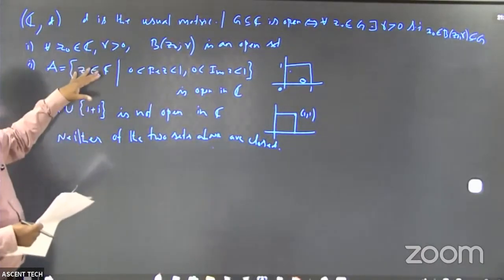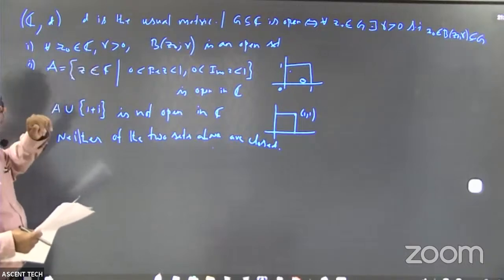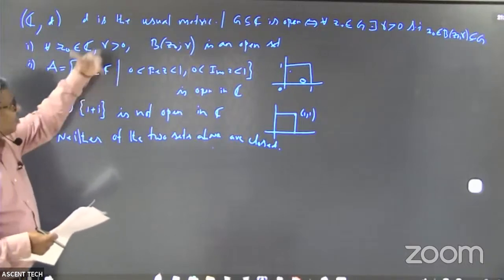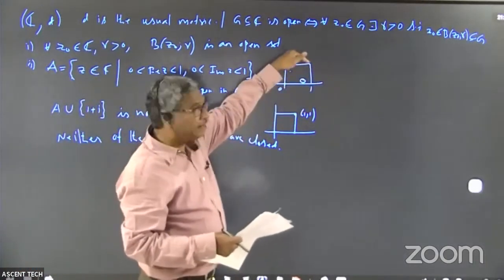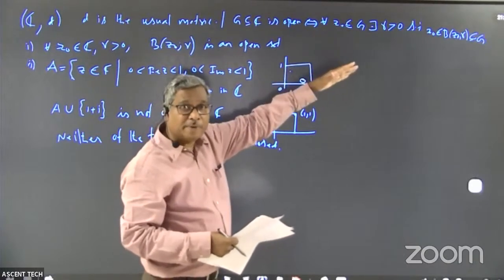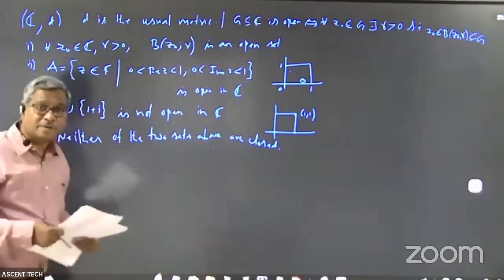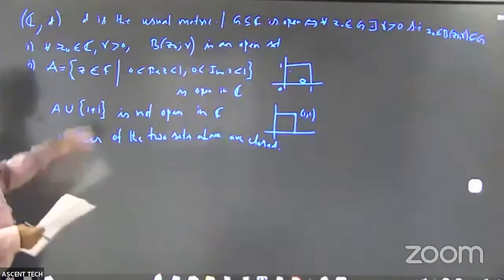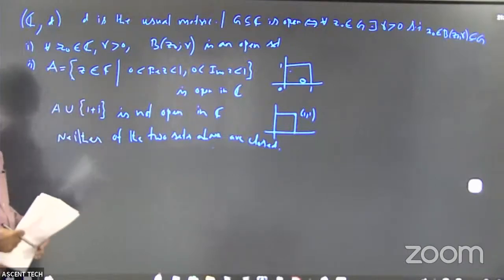When you look at A, why is A not closed? A's complement contains 1 plus i, and any neighborhood of that is not in the complement. The complement is not open. Same story here also. So they are not closed sets. If you want to say they are closed sets, you have to show that their complements are open.